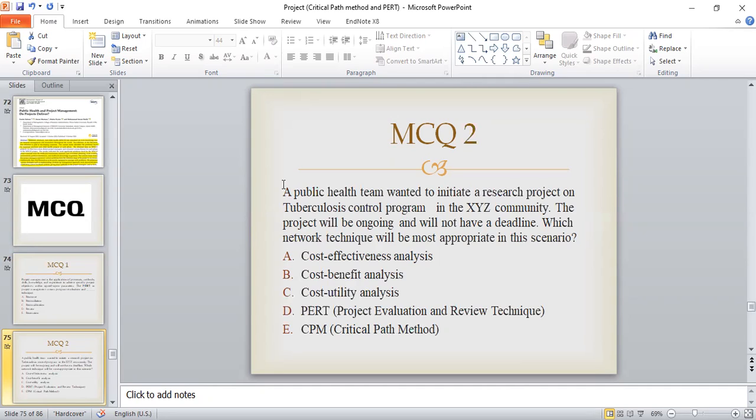The correct option is Delta, as I already mentioned in the scenario that the project will be ongoing and will have no deadline. Therefore, the Program Evaluation and Review Technique should be the correct option, whereas all other options are economic evaluation techniques.